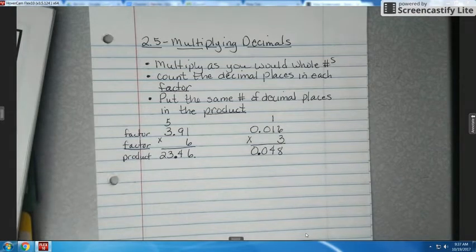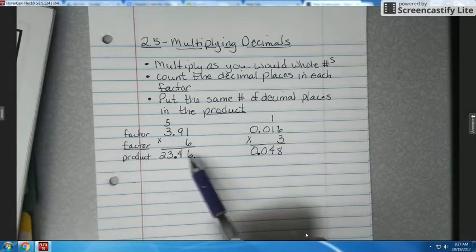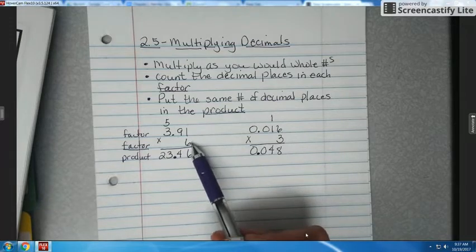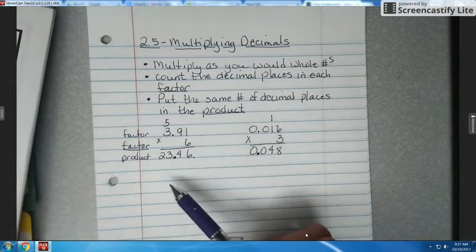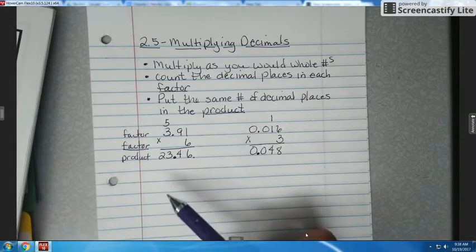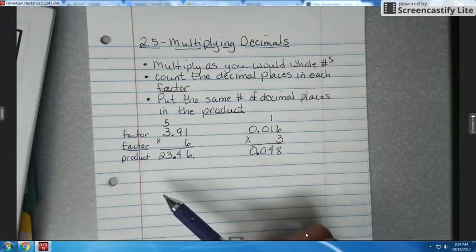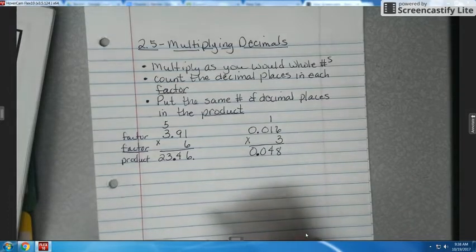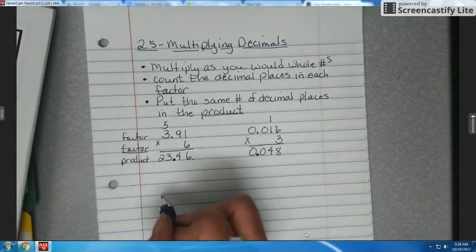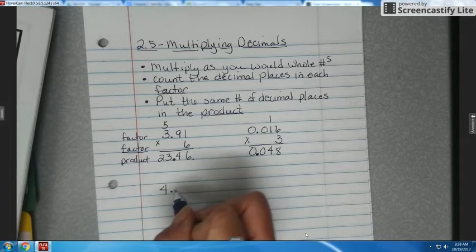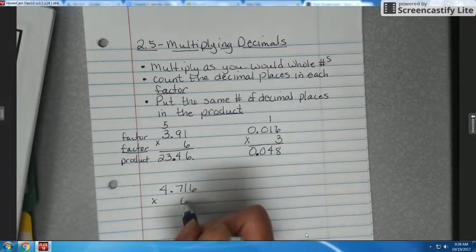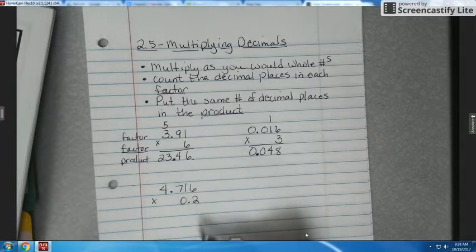Okay. So these are 2 regular decimal problems, multiplying a decimal times a whole number. Now we're going to talk about what happens when we have some special situations when you're multiplying decimals. So let's just start with 4 and 716 thousandths times 2/10.